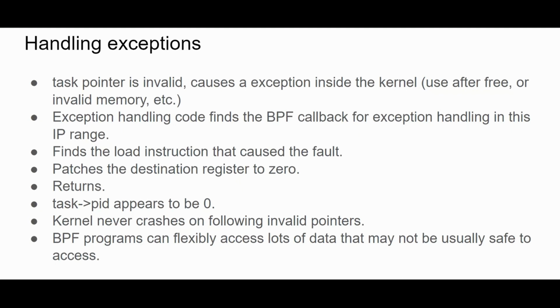So invalid reads are still safe. You don't even get random data. You'll get either 0 or some valid value. So even if you follow invalid pointers inside the kernel, it will allow you to safely dereference them, and this actually reduces the job of the verifier a lot.